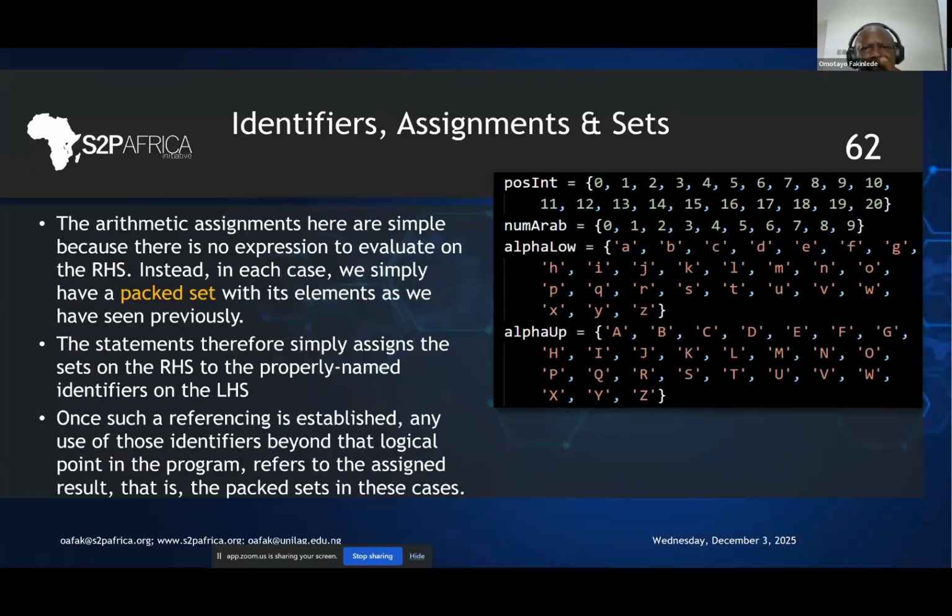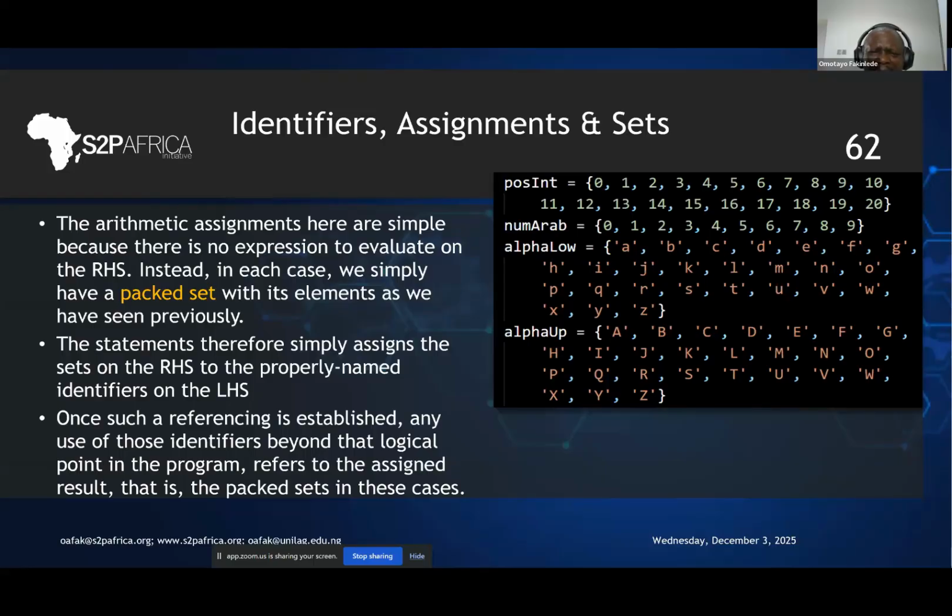Now, identifiers, assignments, and sets. The assignments here are simple because there is no expression to evaluate on the right-hand side. Instead, in each case, we simply have a packed set with its elements as we have seen previously. The statements therefore simply assign the sets on the right-hand side to the properly named identifiers on the left-hand side.